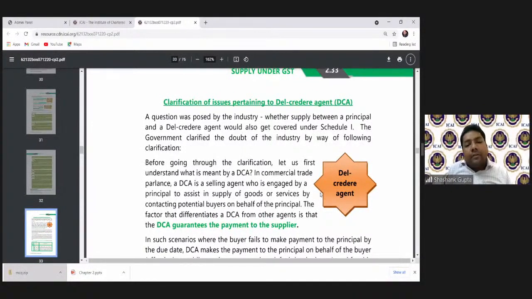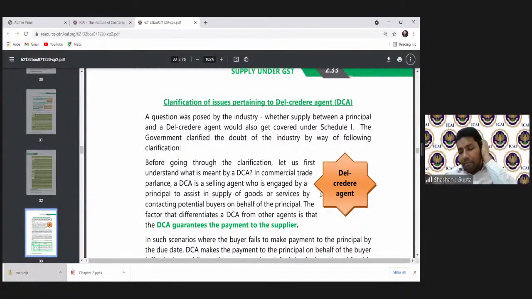It says in commercial trade parlance, a del credere agent is a selling agent who is engaged by a principal to assist in supply of goods or services by contacting potential buyers on behalf of the principal. The factor that differentiates a del credere agent from other agents is that it guarantees the payment to the supplier.